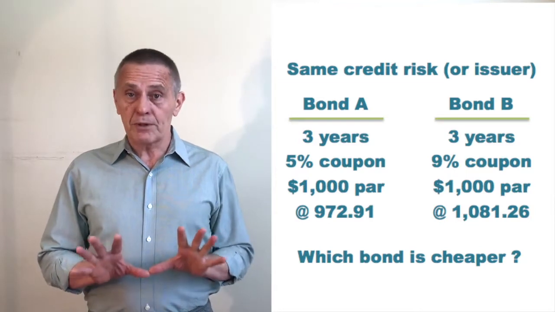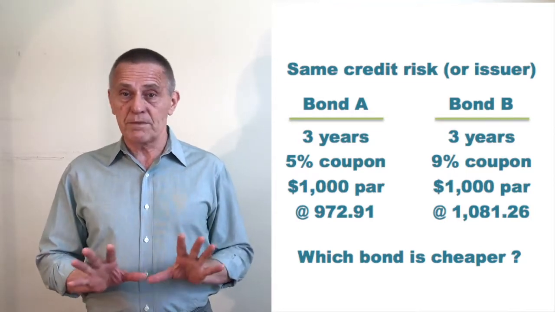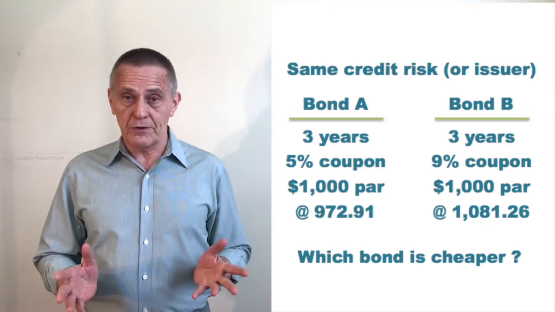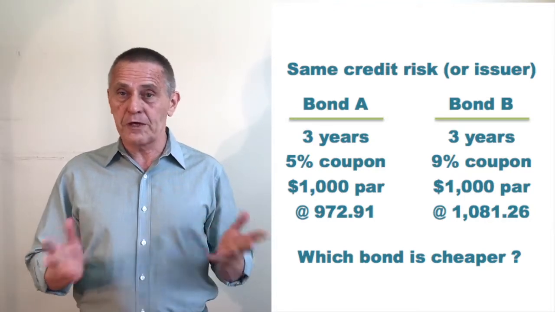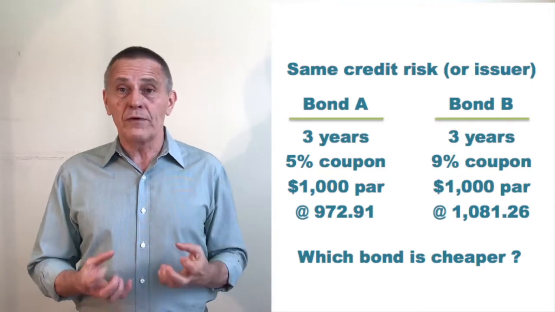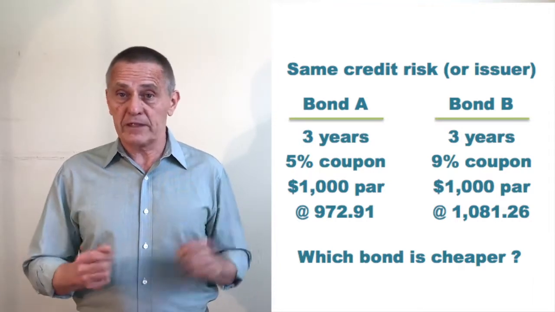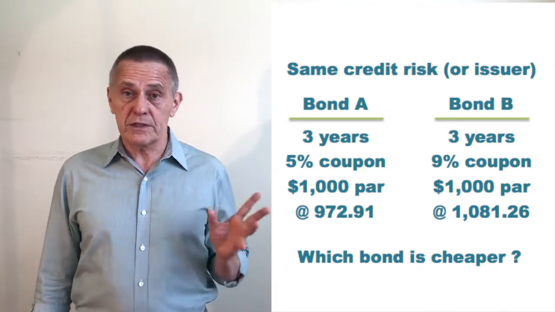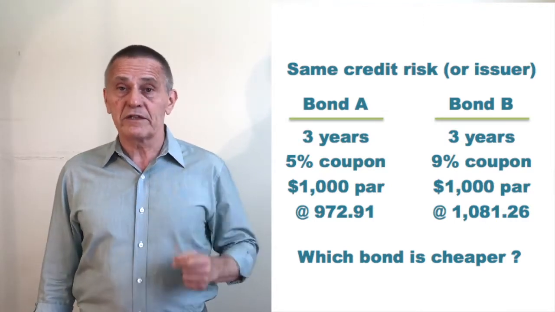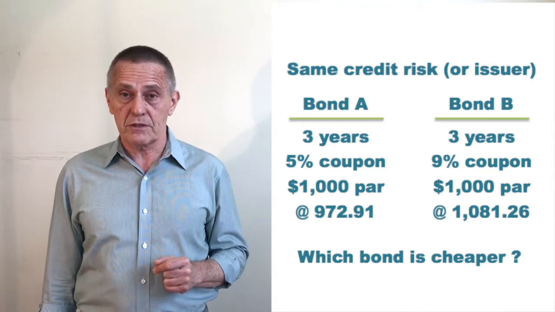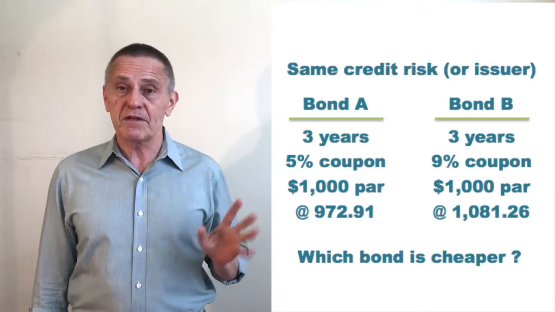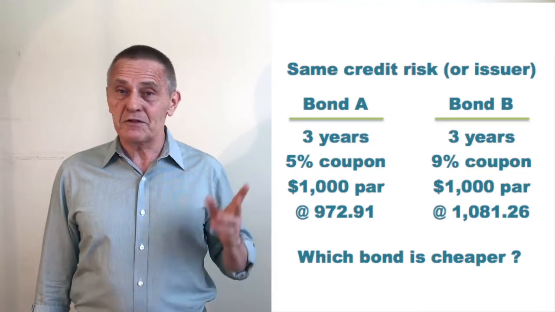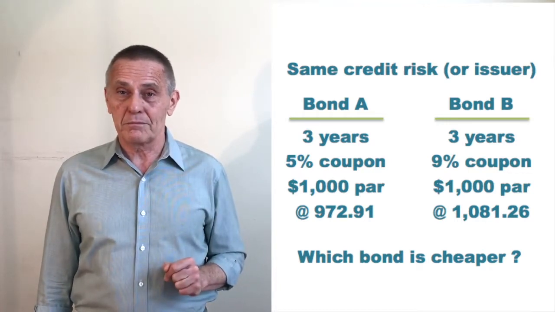And I mean cheaper in the sense that that term would typically be employed by two bond traders talking to one another, or a bond portfolio manager and analyst talking to one another when they're discussing the relative attractiveness of different securities. And I guarantee you, in such contexts where the relative investment merits are being discussed, cheap would not mean that 972 is less than 1081, nor would cheap mean 972 is a discount to par.